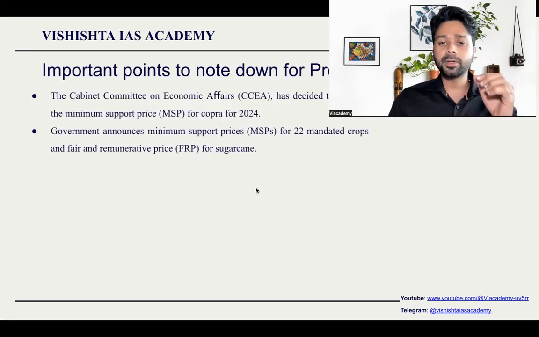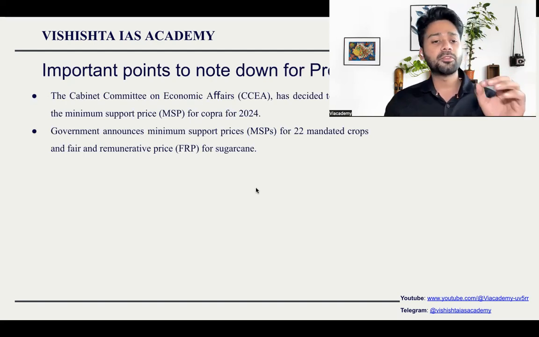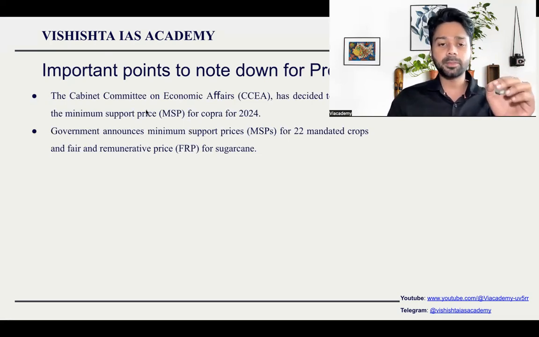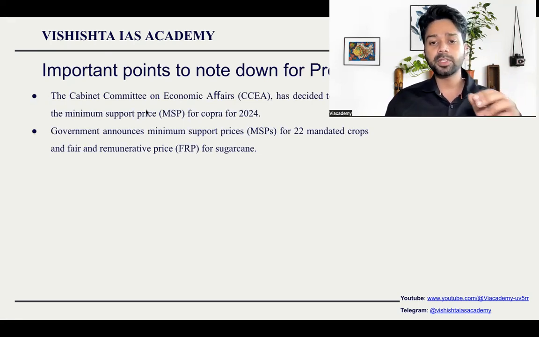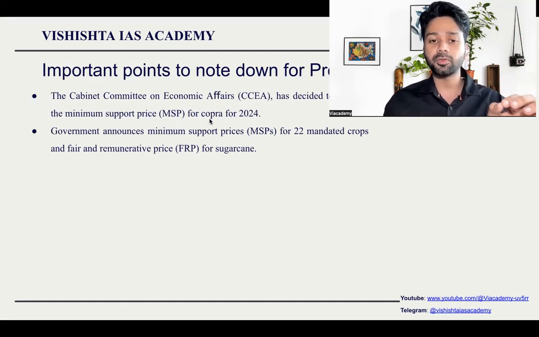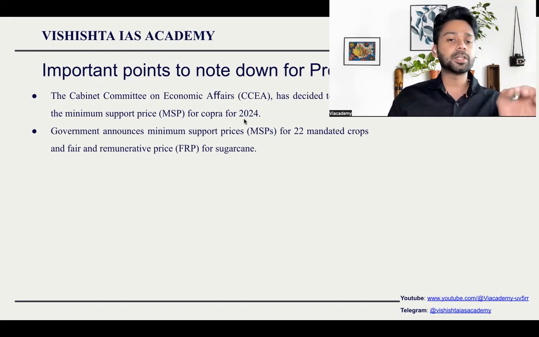Important points to note down from the prelims examination point of view. Basic facts: when we talk about the MSP, the minimum support price, the Cabinet Committee on Economic Affairs is the body which decides to increase or decrease the minimum support price. In recent times, they decided to increase the minimum support price for copra in 2024.